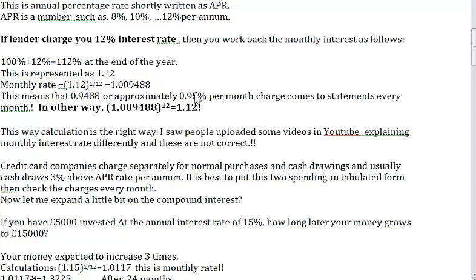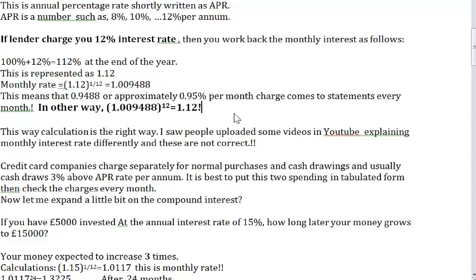So from that point of view, for example, if it is 12% at the end of the year, you find that the monthly rate has to be not 1%, just 0.9488% extra. Because if you expand it from monthly to the end of the year, 12 months later, you have to get 12%. But if you do what most people do, you cannot get it like that.